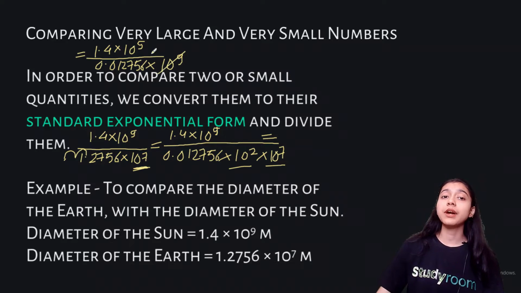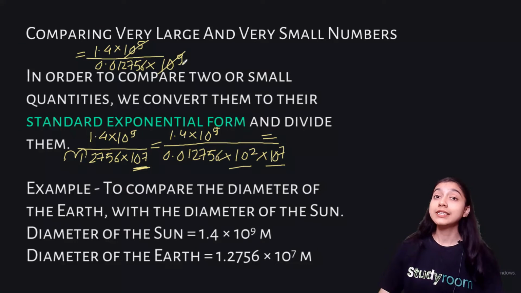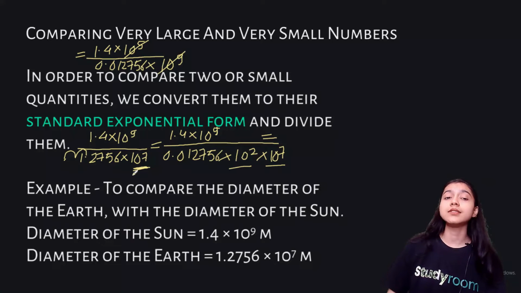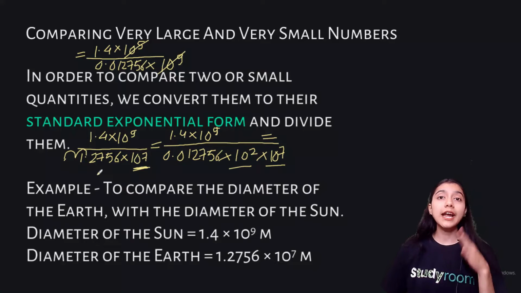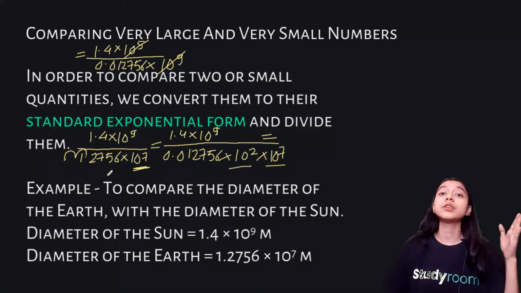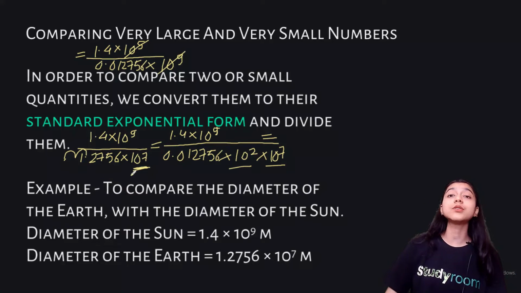Now this 10 to the power 9 of the denominator gets cancelled out with the 10 to the power of 9 of the numerator. This is the reason why I shifted the decimal place 2 places towards the left hand side, so that it gets cancelled completely.